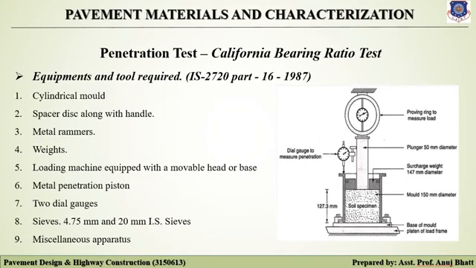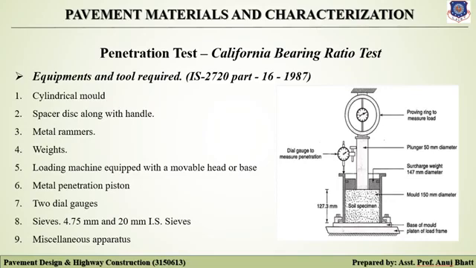Next, we need a loading machine with a capacity of at least 5000 kg, equipped with a movable head or a base that travels at a uniform rate of 1.25 millimeter per minute, complete with a load indicating device.